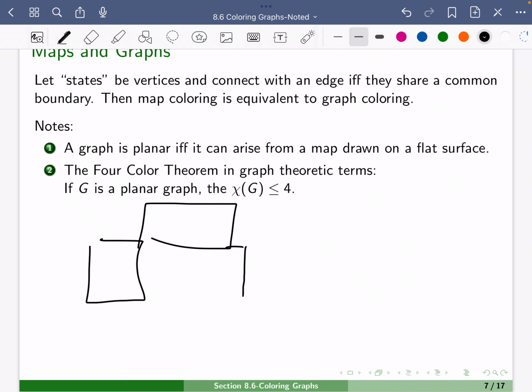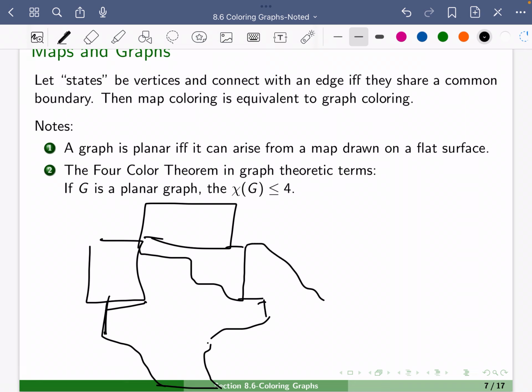So here we have Oklahoma, Texas, so pretend this is Texas, and I guess Louisiana is somewhere over here. So we have these states.